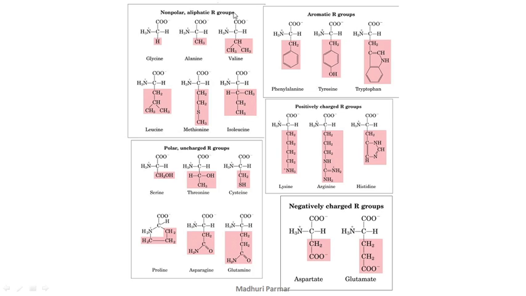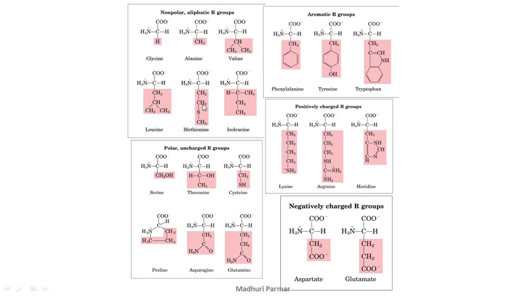Aliphatic meaning linear chain carbon R group. So it includes glycine, which is just hydrogen, alanine, which is CH3, valine, which is that V-shaped aliphatic chain, leucine, Y-shaped, methionine, and isoleucine. All of these are non-polar.